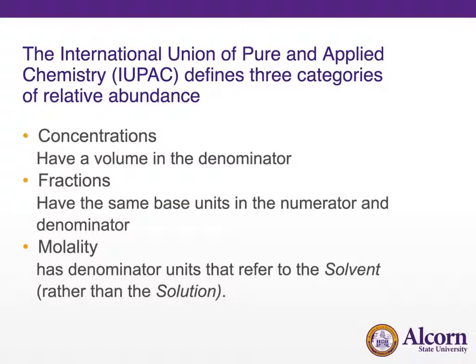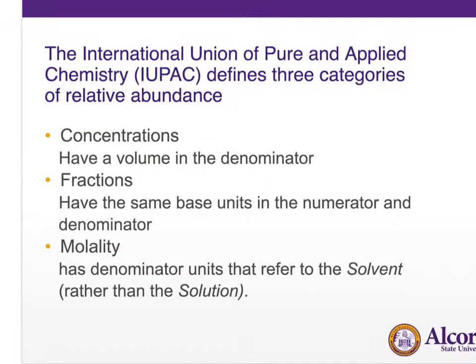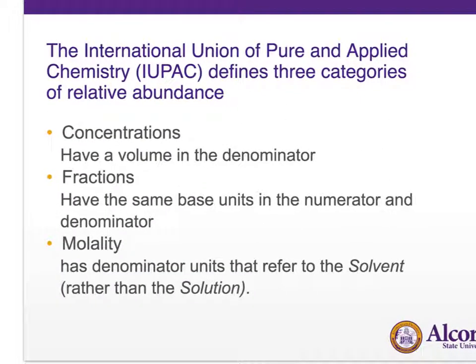So if you will recall, you have heard me use the word concentration a lot because as chemists, that's what we're really accustomed to talking about is concentration. We talk about molarity all the time. Molarity, concentration. But the International Union of Pure and Applied Chemistry, IUPAC, has three separate categories to describe relative abundance, and concentration is only one of them. We're going to talk about each one of these individually, specifically in the next slide.